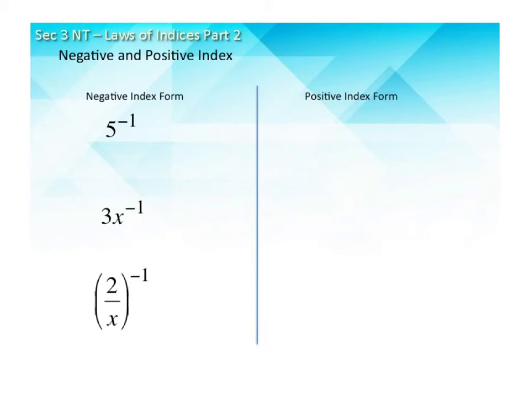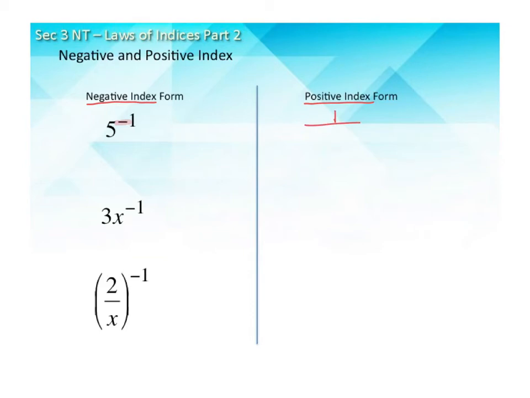Now, some of the questions may require us to write the original number from the negative index form into the positive index form. How do we do that? So in this case, if I'll have 5 to the power negative 1, this actually means the negative power is 1 over.